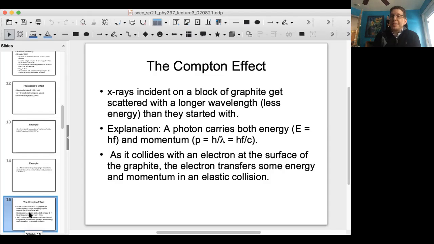And you can explain that, again, assuming light is a particle. They're treating light as a particle with momentum h over lambda. And that momentum is conserved in the x and the y direction, and kinetic energy is conserved. So there's an elastic collision.